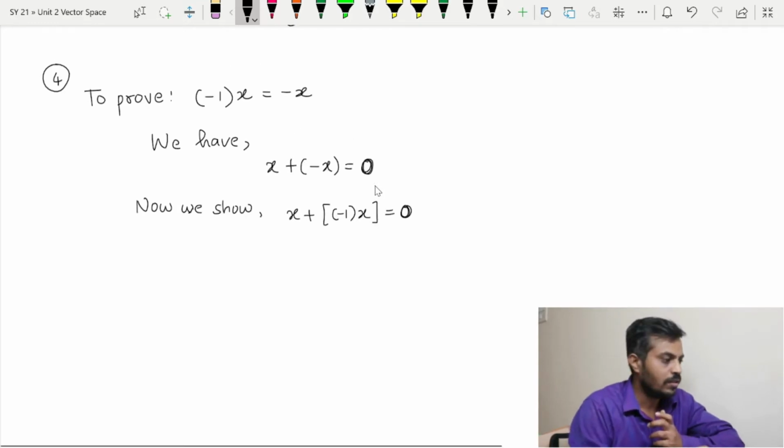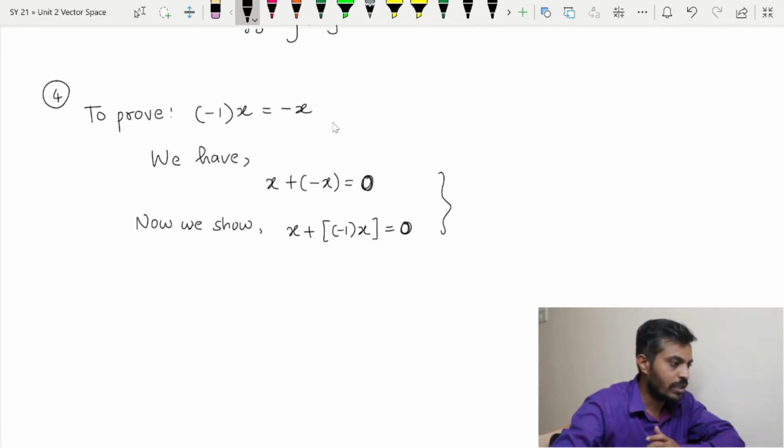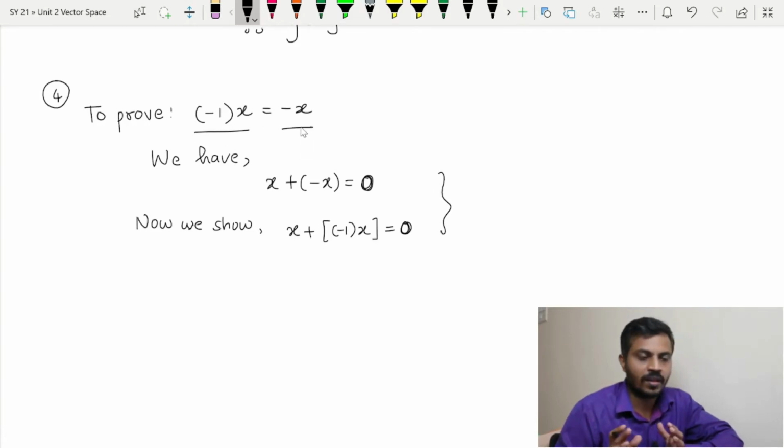Now you will wonder how this will imply minus 1 multiplied by x is equal to minus x. As I told you before, we have proved additive inverse is unique.